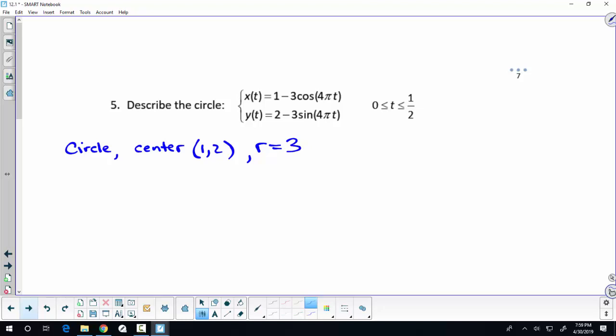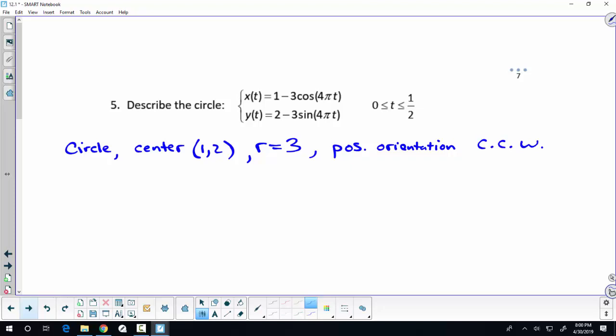We have the radius is the absolute value of that, so radius 3. What else do we want to know? What's the positive orientation? Counterclockwise, do y'all agree? Yeah. So our b is actually what? 4 pi is our b. Still positive b, 4 pi is positive. Counterclockwise.